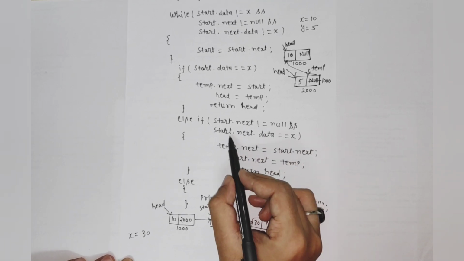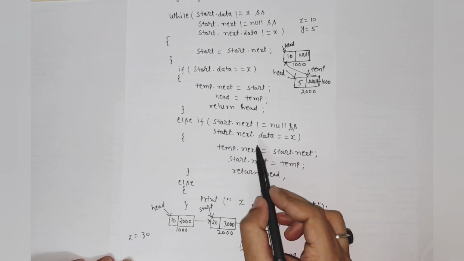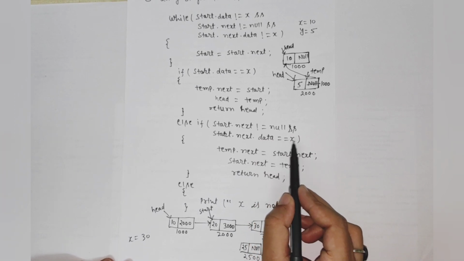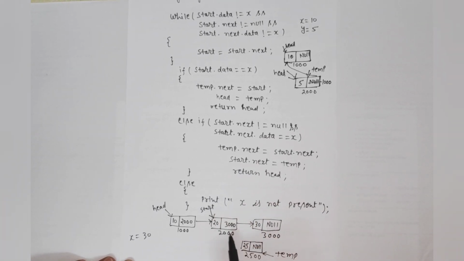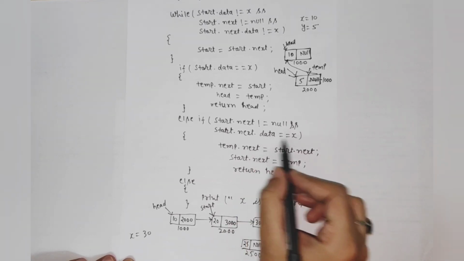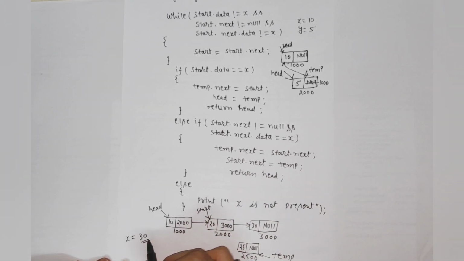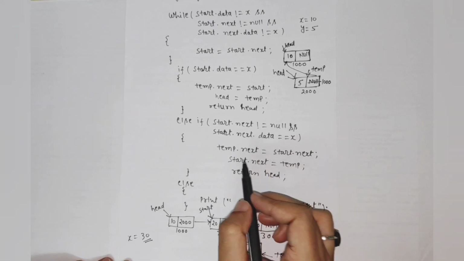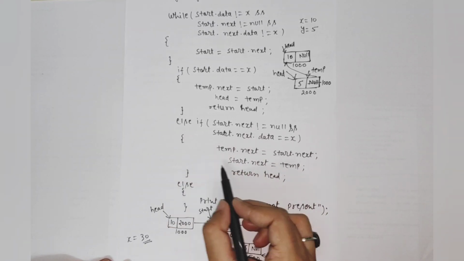So we will check the second condition. Here start.next.data equal to x. start.next is 3000 and 3000's data is equal to x. So this condition is true. Now we will come into the else if part.